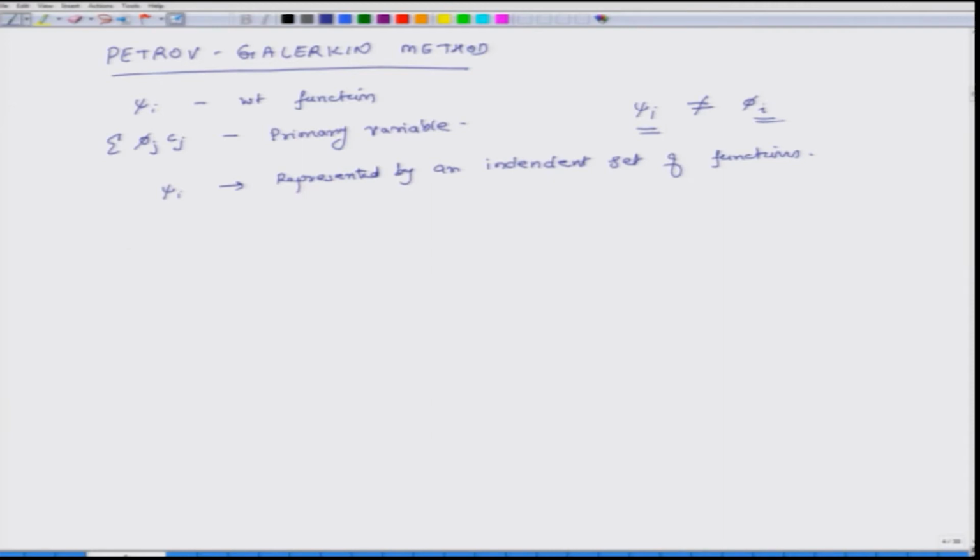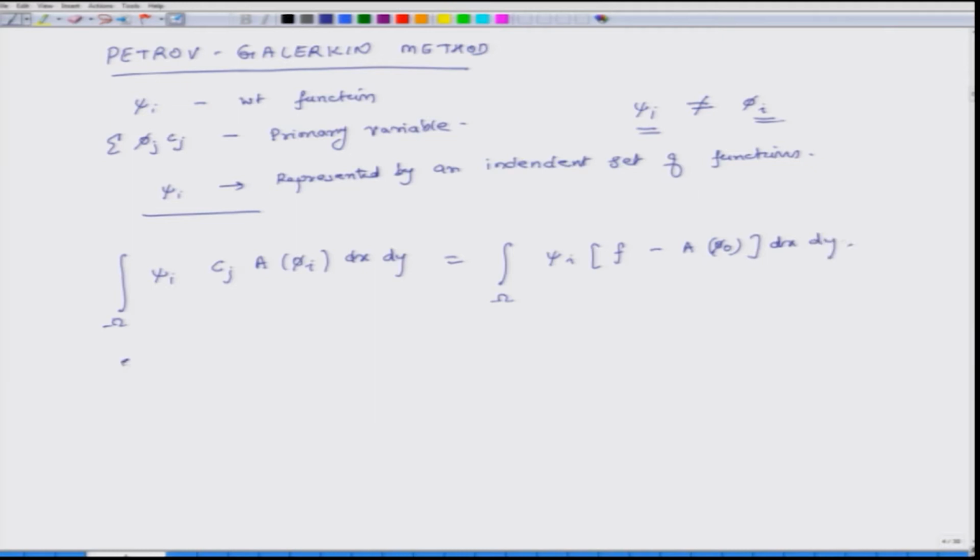Now suppose our residue was expressed as the integral over the domain of psi I times the sum of c j A of phi j, dx dy, and this equals some forcing function: the integral of psi I times some function of x minus A of phi naught, dx dy.